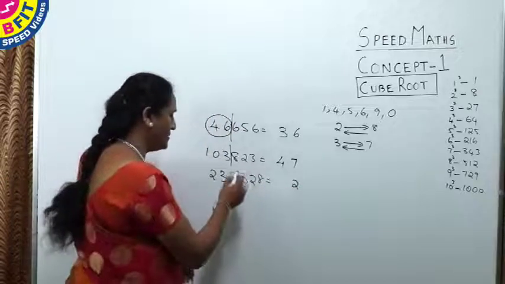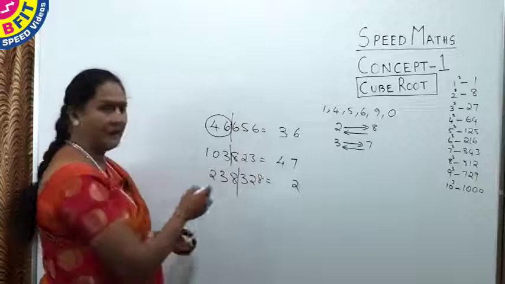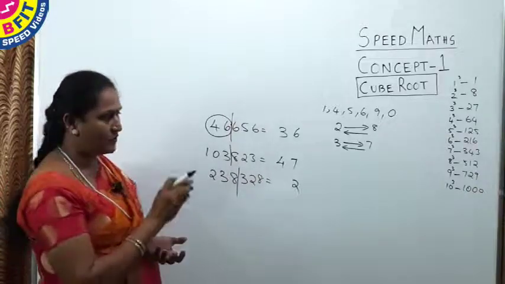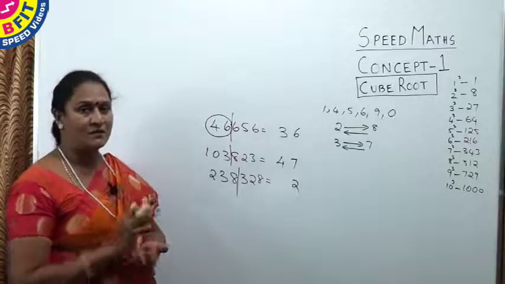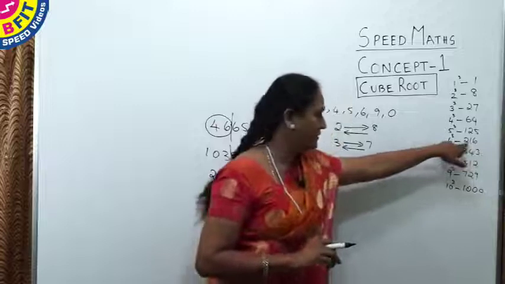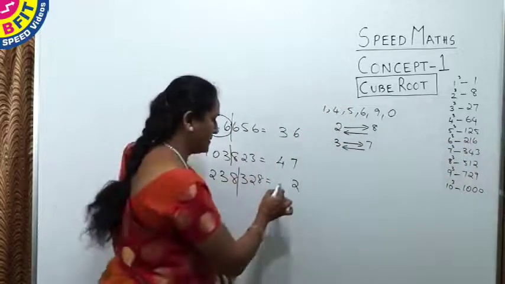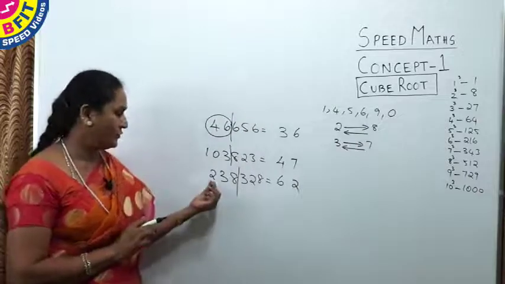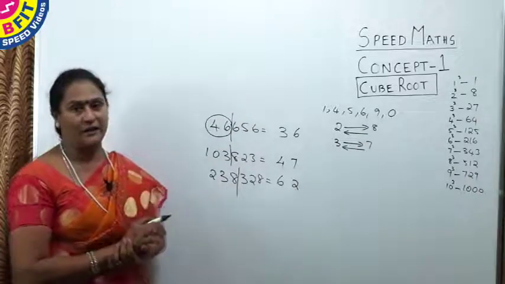Now leaving 3 digits, we have 238. Which cube has 238 crossed? It has crossed 216, the cube of 6. So the tens place should be 6. So 62 is the cube root of 238328.